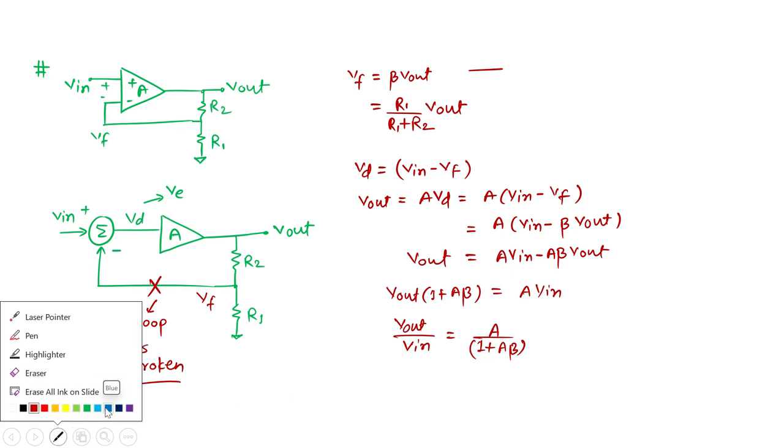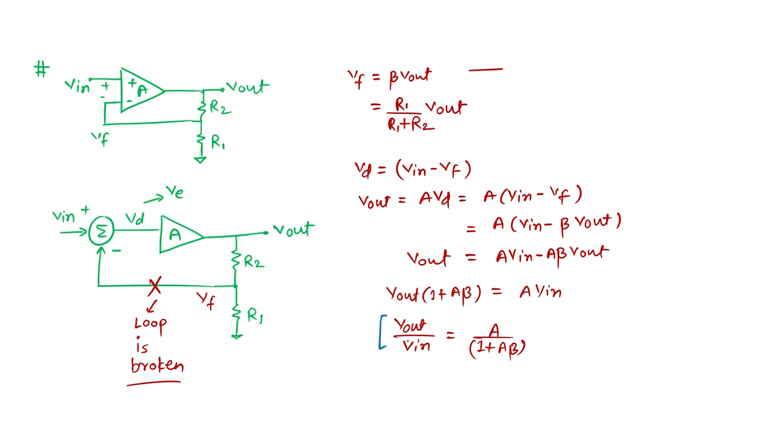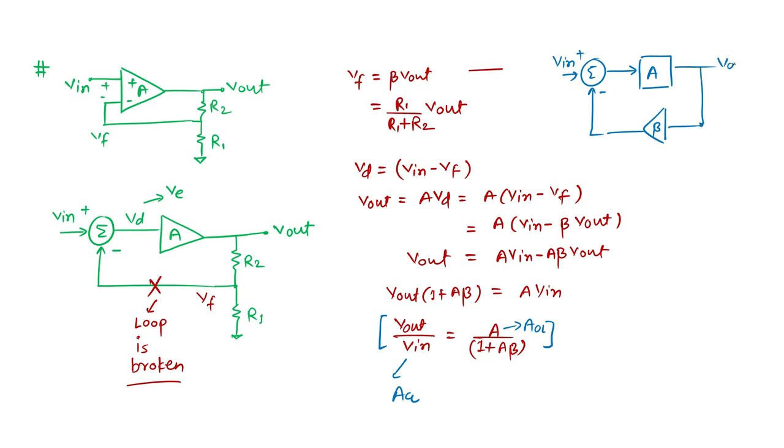I told you many times that when we represent our closed loop gain, this is called the closed loop gain, and this is called the AOL, the open loop gain. When we represent any negative feedback system, this is my block A, and this is the beta block. We always write it like this: this is the input with a positive sign, and beta is the negative feedback. The open loop gain, that is the feed forward gain, is also called A here, and beta is beta itself.